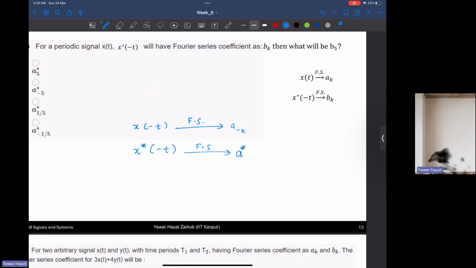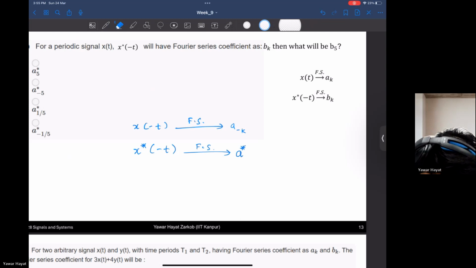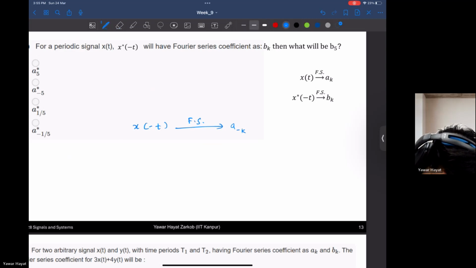So this is our first operation. Using a different color would help.